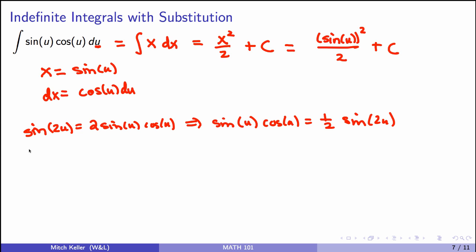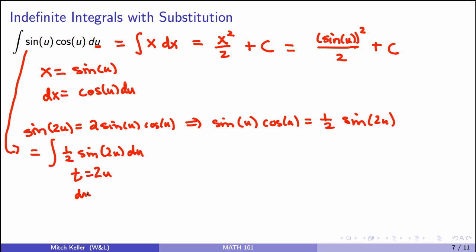So we could also rewrite this integral and say that that's equal to the integral of 1/2 sine of 2u du, rewriting the integrand. And then we can go after an antiderivative for this guy, here letting t equal 2u, and so dt equals 2 du, and so du equals a half dt.